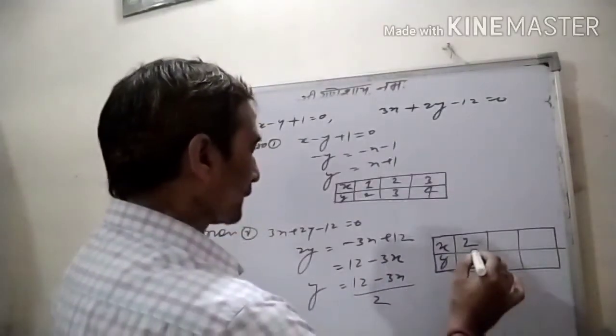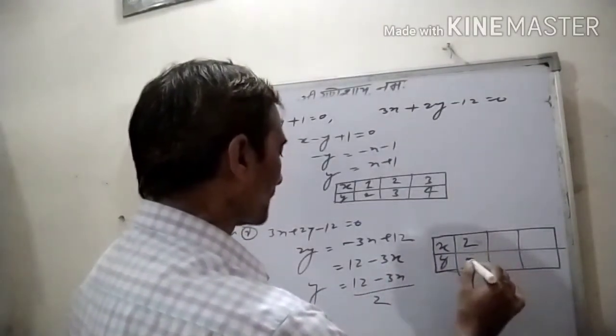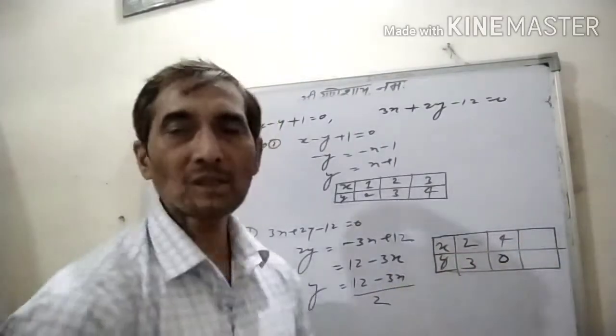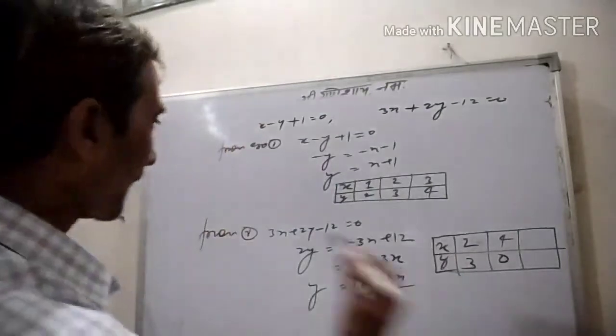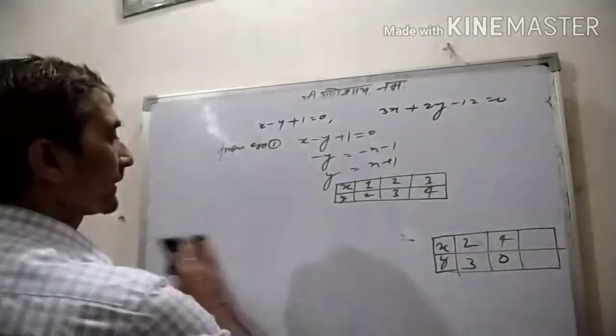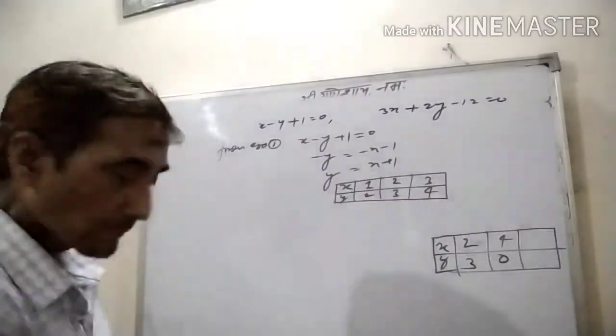If x is equal to 4, then y is equal to 0. There are two values. After that, draw a graph.